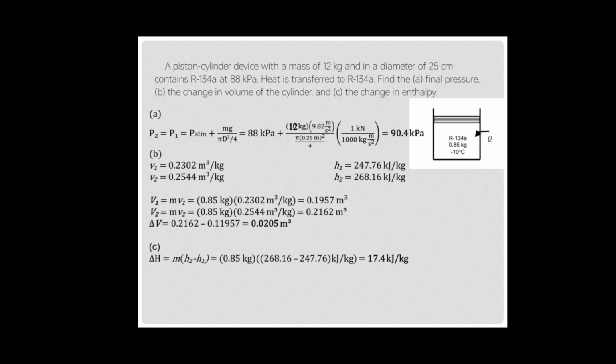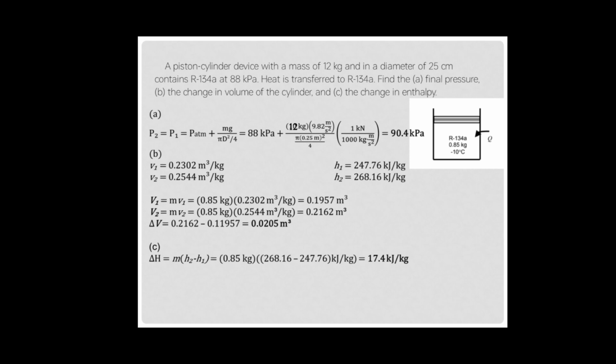Now for letter B, the change in volume of the cylinder. Now what we need to find is the specific volume and enthalpy of R134A at the initial state of 90.4 kilopascal and negative 10 degrees Celsius, and at the final state of 90.4 kilopascal and 15 degrees Celsius.